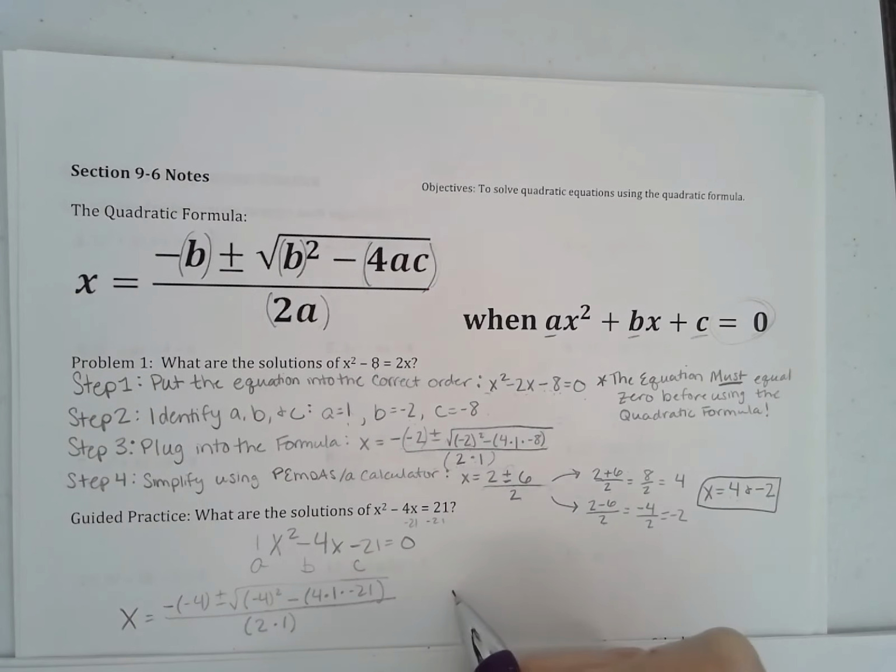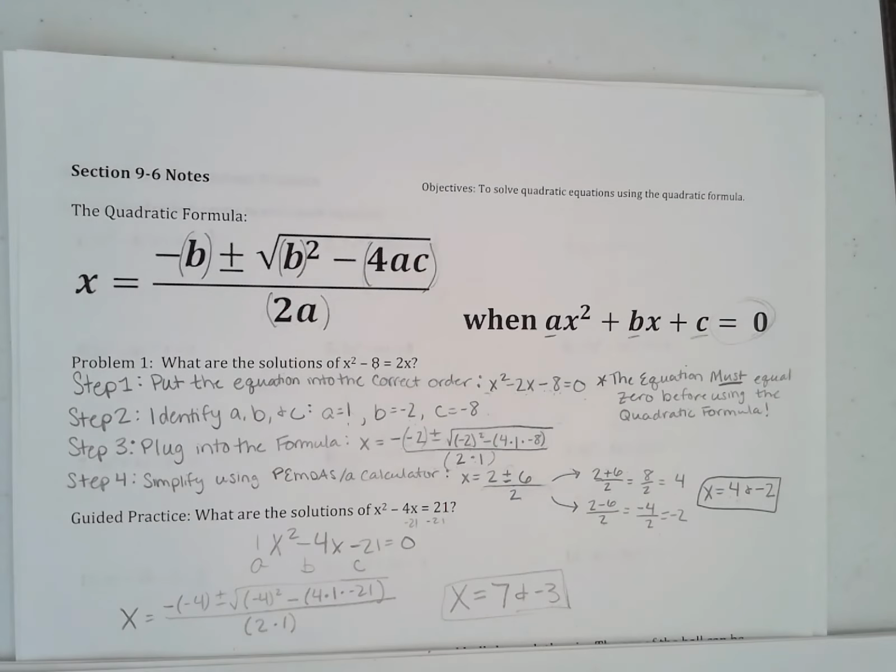When you solve this, you should get x to equal 7 and -3. If you did not get 7 and -3, again, pause the video and get some help, because usually it's a calculator error, especially if you had this equation and all the numbers plugged in to begin with.